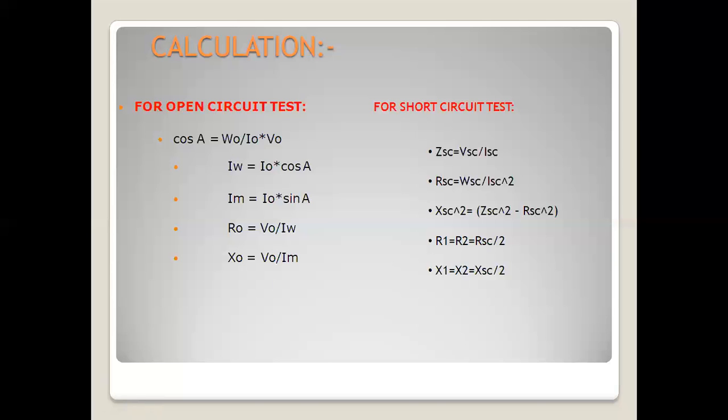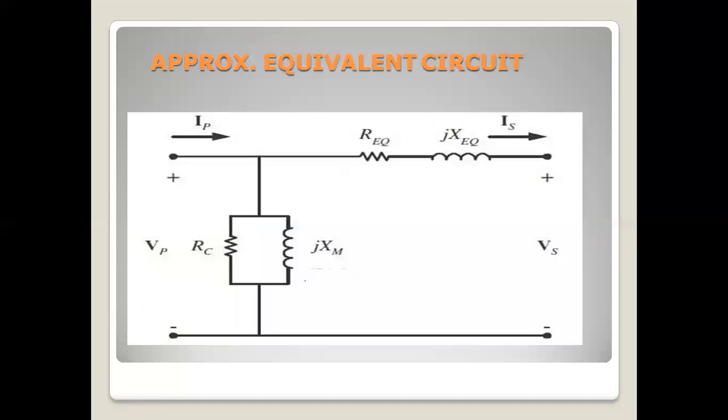So this is the general calculation. From that calculation, this portion is obtained from the open circuit test, and this one is obtained from the short circuit test. So with the help of the two tests, we can easily find the approximate equivalent circuit of a transformer.